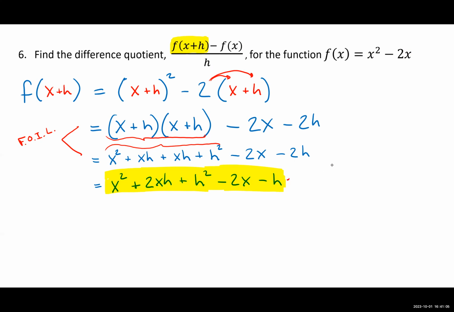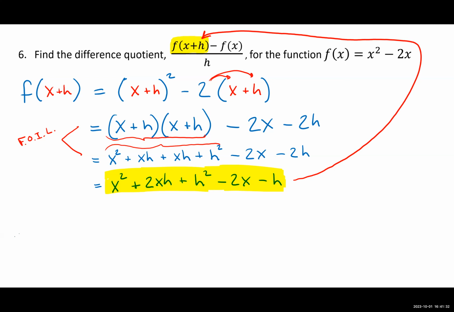So this yellow part is that piece of the difference quotient. Instead of trying to do the whole thing at once, start off by just figuring out the f of x plus h.